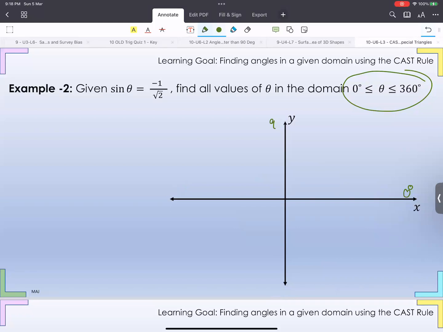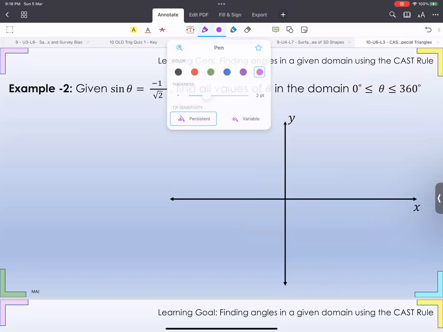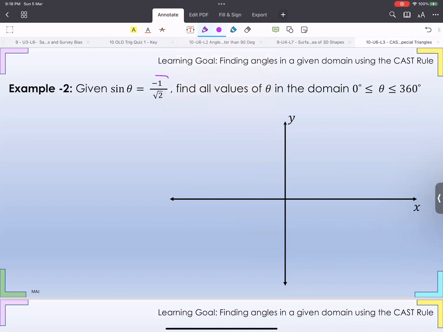Okay, so if we go around the circle once, we need to find, first thing, where is sine theta negative? Sine theta is negative in which quadrants? Let's go back and look at the CAST. So this is C, this is A. Only cosine is positive here. So this one, sine is negative, right?